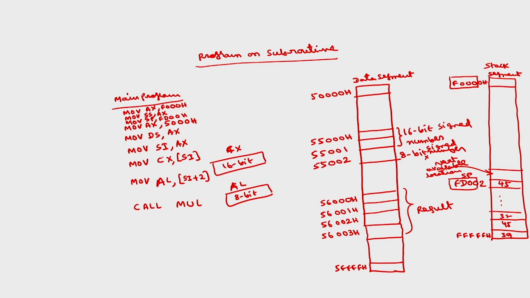Then we can write the call instruction, because in the call instruction, automatically the instruction pointer contents will be pushed onto the stack. For that you have to define the stack pointer and stack segment. Now what will be the instructions in the multiplication subroutine? This is the mul subroutine, say.